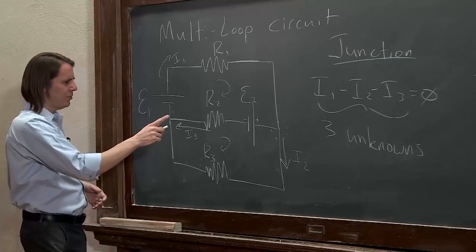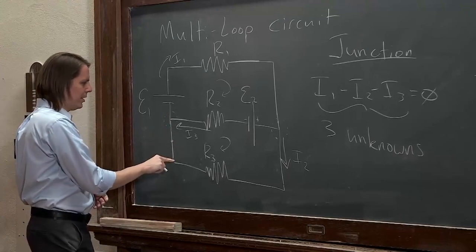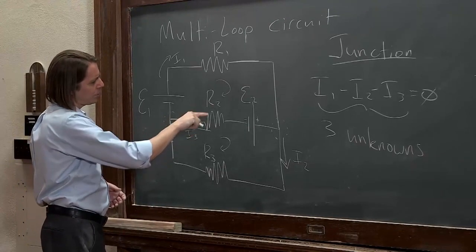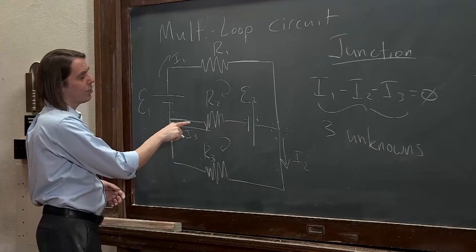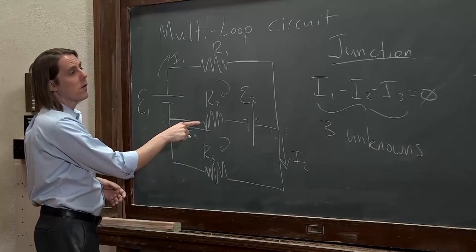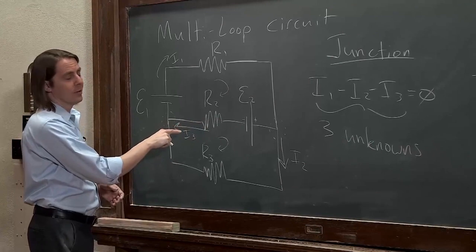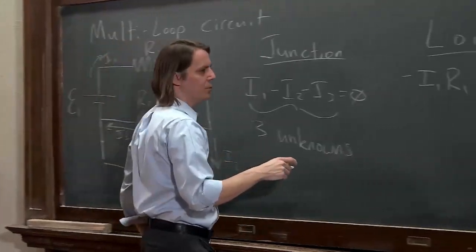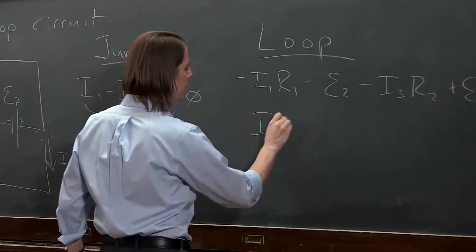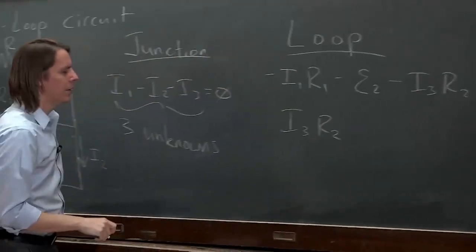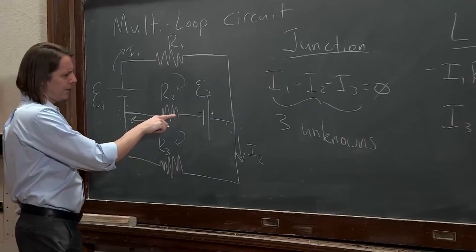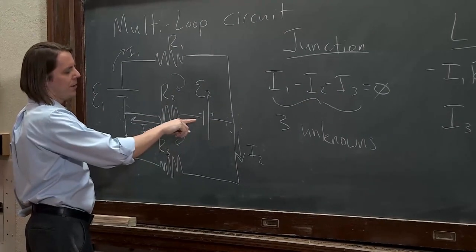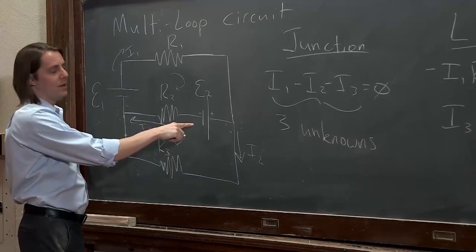Okay, we're going to go clockwise around the loop. I'm going to start here. Here we go. Let's see, we're going this way. We're going to go across R2, and we're going against current 3. So that means it's plus. We're going from the low side to the high side. So that's plus I3 R2. All right. And then we're going to go from the low to the high of the battery, EMF 2.